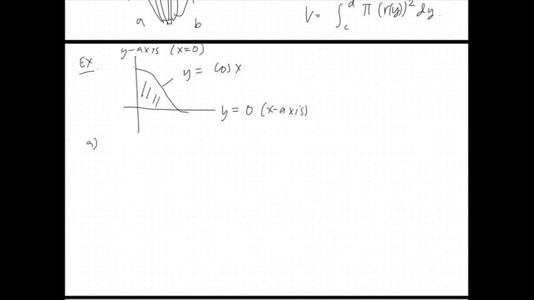And then first is revolve about letter A, the x-axis. Let me check my notes first.